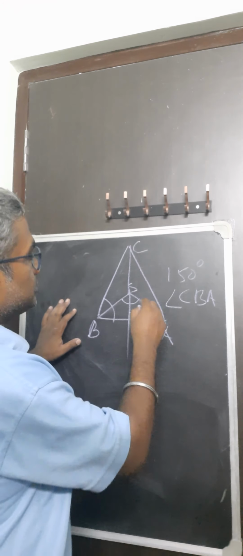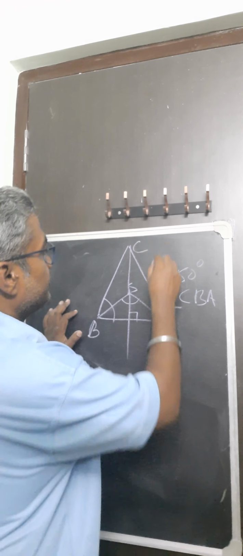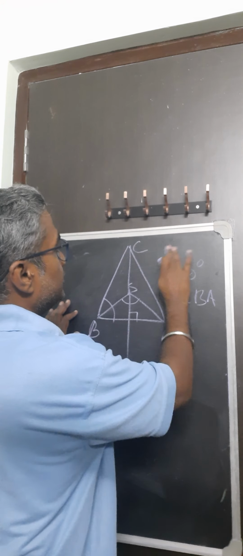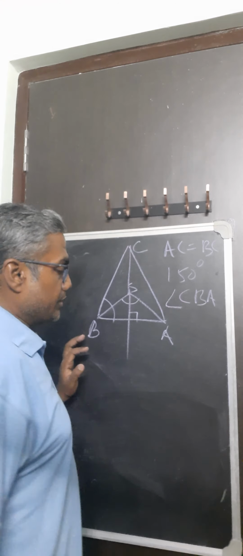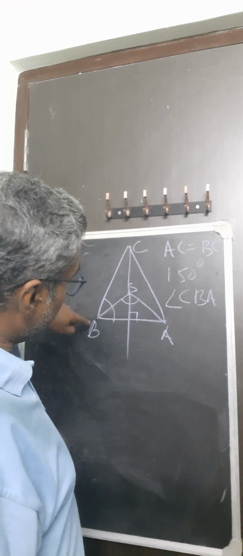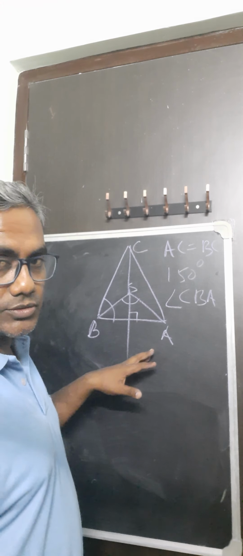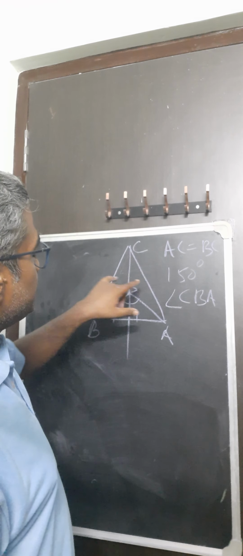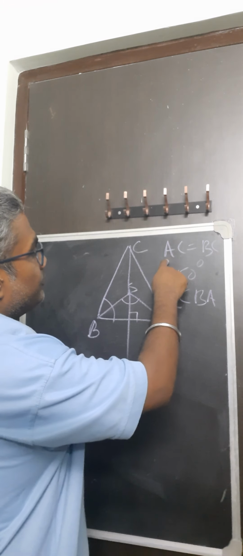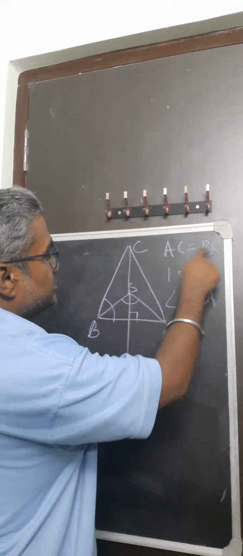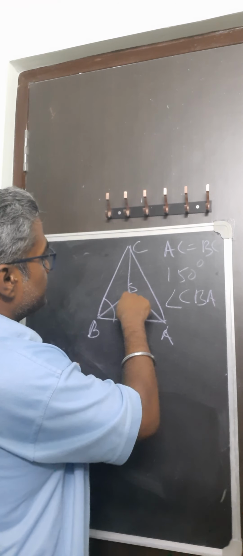How come? Because another condition is given that side AC is equal to BC. So CBA is an isosceles triangle where two sides of the triangle are equal. So given these conditions, AC is equal to BC and S is the circumcenter.